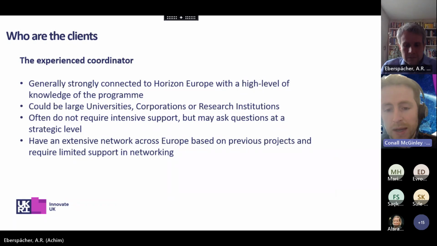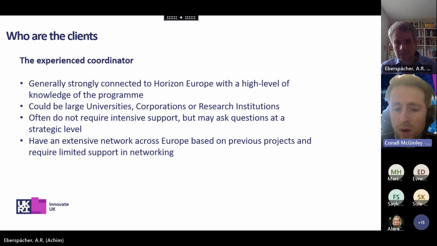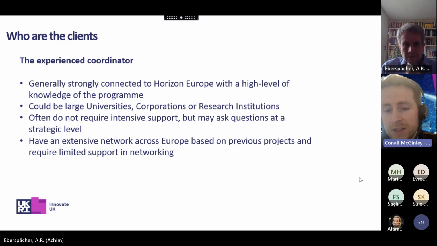They also understand the work programmes and the timescales for work programmes to be published. These could be large universities, for example, or corporations that are involved in the energy space, or large research institutions as well. These organisations will generally have staff in-house whose job it is to monitor funding schemes such as Horizon Europe and to prepare proposals.